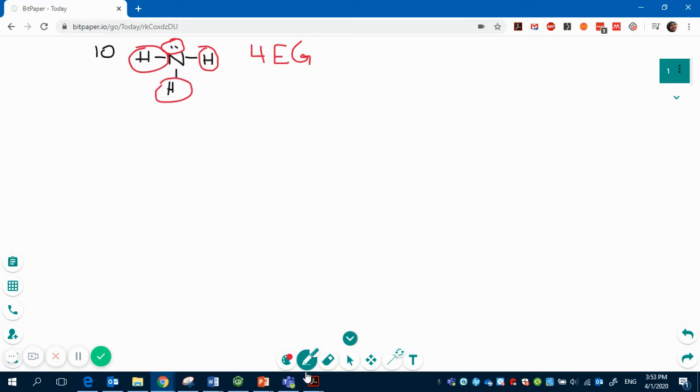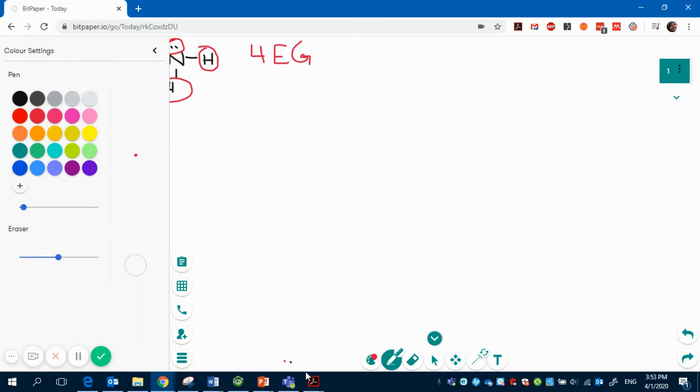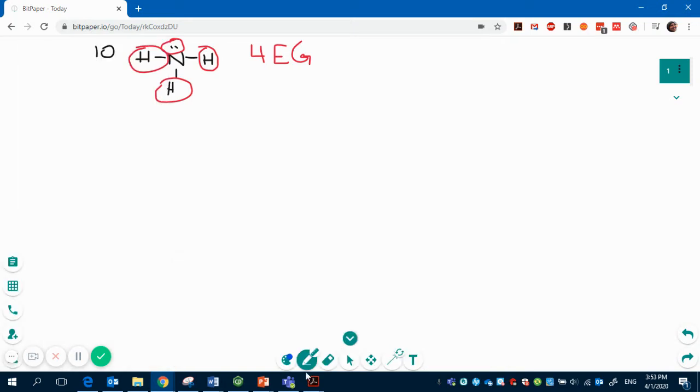Now, if we want to make a sketch of this, there's a few different ways we can go about doing it. But the first thing we need to realize is 4 electron groups means that the electron group geometry, or the electron domain geometry, is going to be tetrahedral, which means it's going to be derived from that shape.